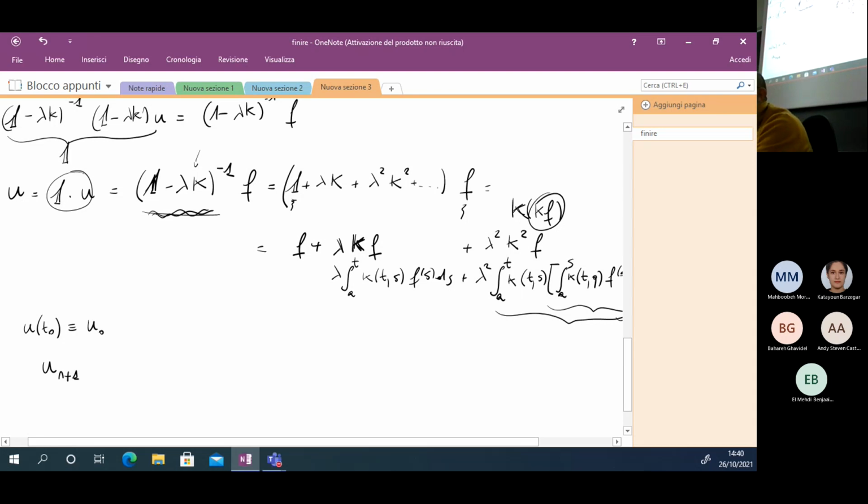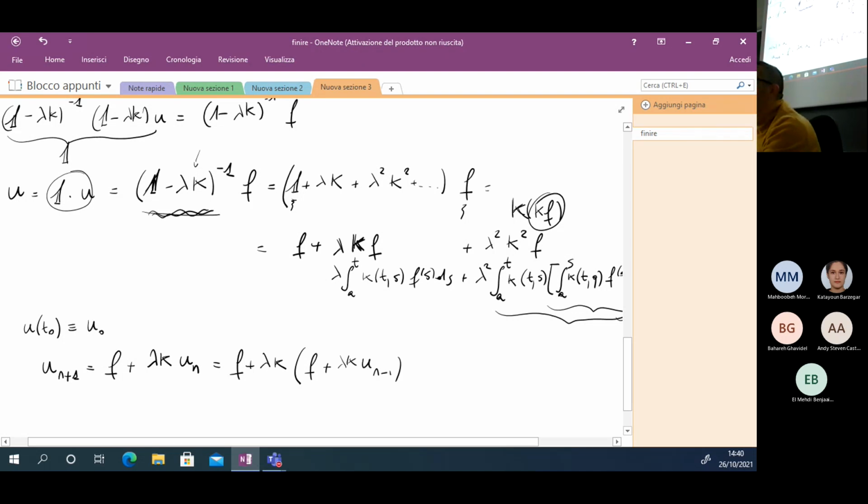The term n plus 1 of the sequence will be f plus lambda k times un. What is un? It is f plus lambda k u n minus 1, and so forth and so on.